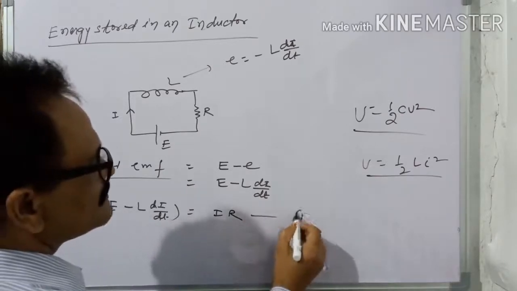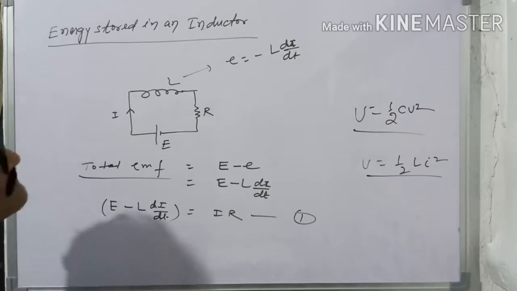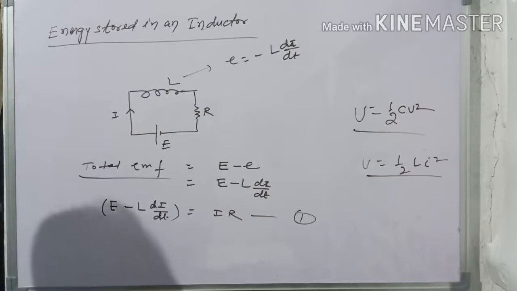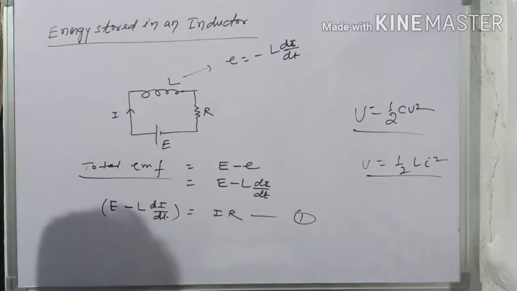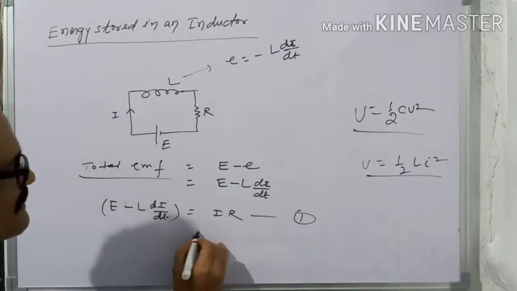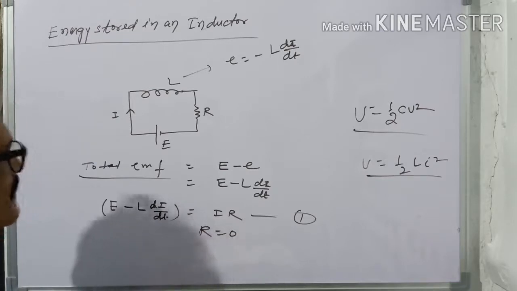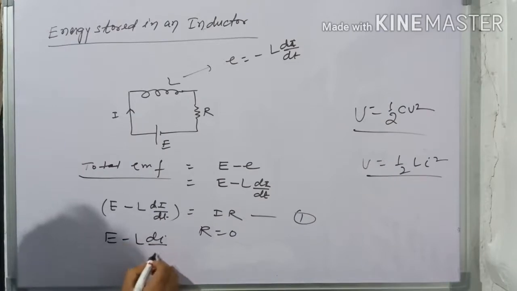Suppose this is relation 1. For the ideal case, there is no ohmic resistance in this circuit, so R is 0, and hence E minus L di by dt is equal to 0.